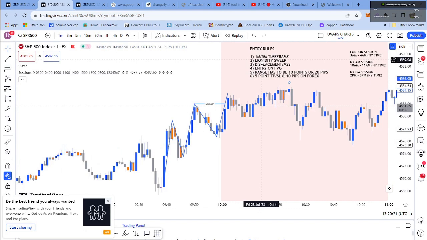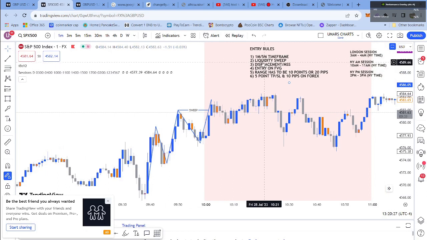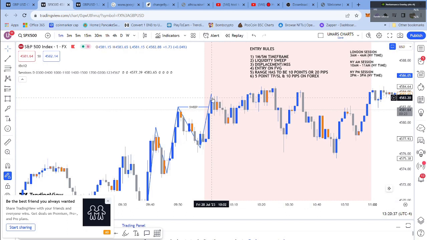And now, after our second criteria has been met, which is the sweep of liquidity, and remember guys, we could do this on the 1 minute or the 5 minute time frame. I just find the 1 minute a bit better to do it on, as it provides more setups. After finding the liquidity sweep, we are now going to be looking for the displacement.